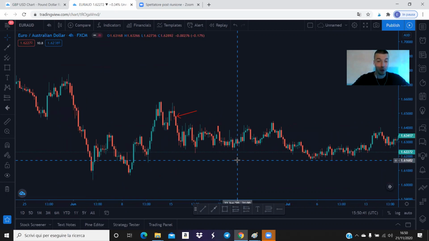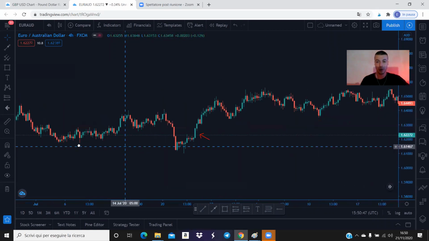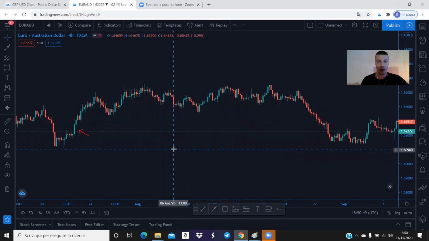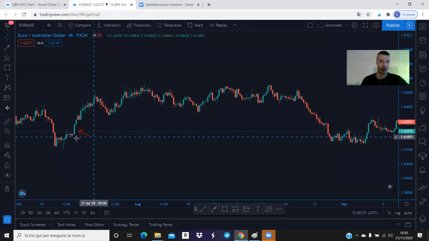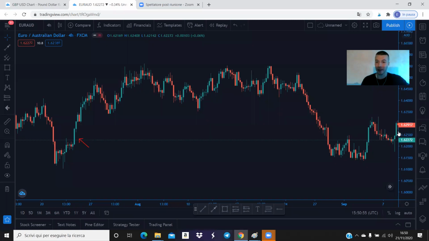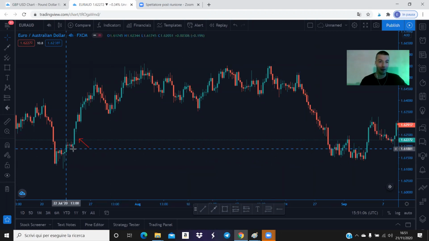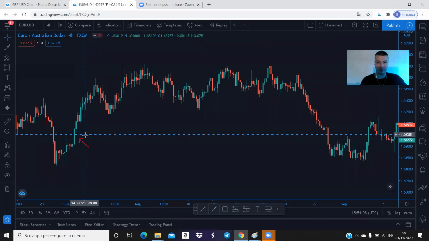These big moves to the downside or to the upside usually happen because they are caused by a bank or a financial institution. You see a big candle because there is a big volume. When a bank is entering a trade, they are probably entering with millions. I mean, they're entering with a lot of money, and therefore you see a very big move in a very short time.